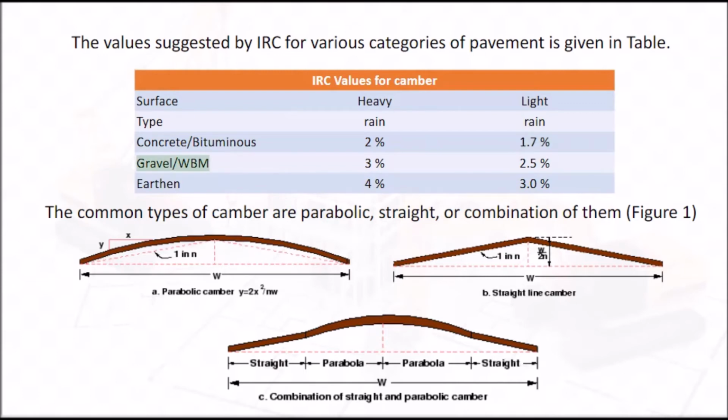Gravel or WBM: 3%, 2.5%. Earthen: 4%, 3.0%.